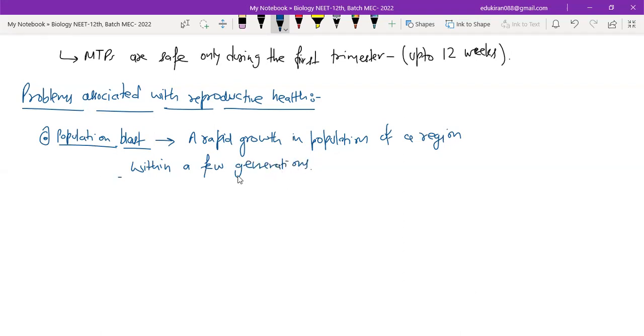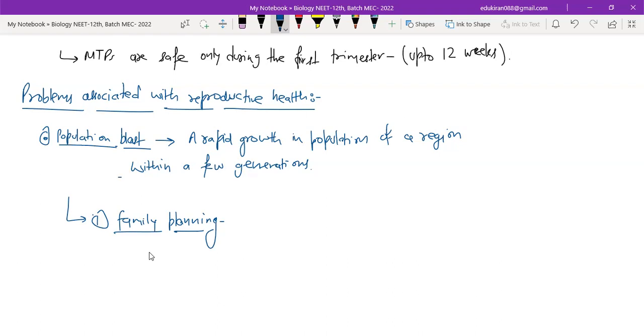So if we have to slow down the curve, then we can implement strategies like family planning, right? What do we mean by family planning? What is family planning? Simple. Family, you have to plan the family.